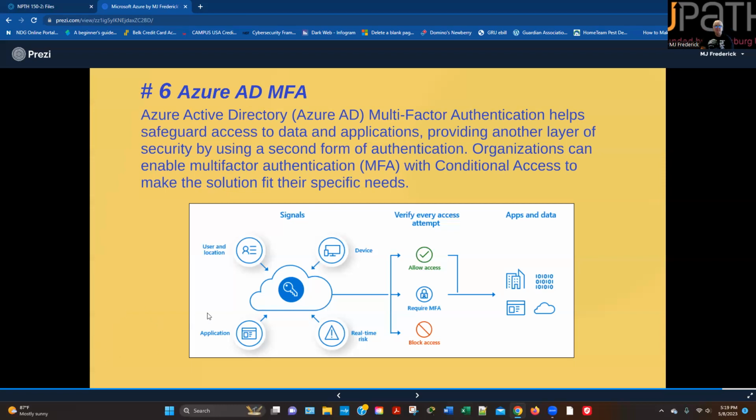So here we see we've got our apps and data. We verify every access attempt, and the signals for it. We've got user location, we've got an application, we've got real-time risk, we've got different devices, but we've got this key that we need to have. If the key has been checked out and it is okay, then you get access to the applications and the data.